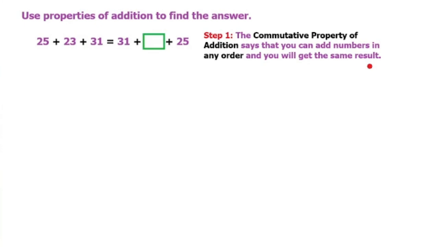So they just kind of mixed up the order. So the only way that this could be true is if there's a 23 in this box, right? So the missing number must be 23. So we could see that when you add numbers up in any order, they come up with the same answer.